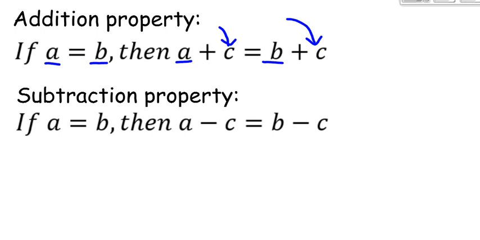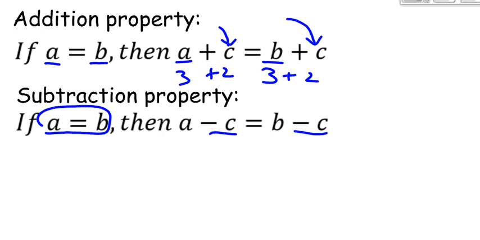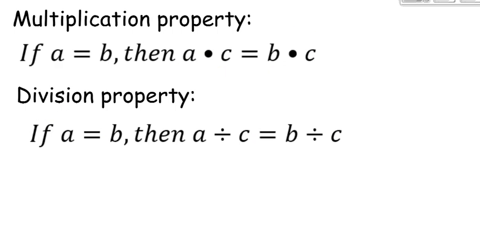For example, if A is 3 and B is 3, and I add C, say C is 2, the equations are still equal. And the same thing would be true with subtraction. If I start with two equal numbers and I subtract the same number from both of them, I'm still going to have an equal equation. Multiplication and division are similar. Just to give you an idea of the properties.